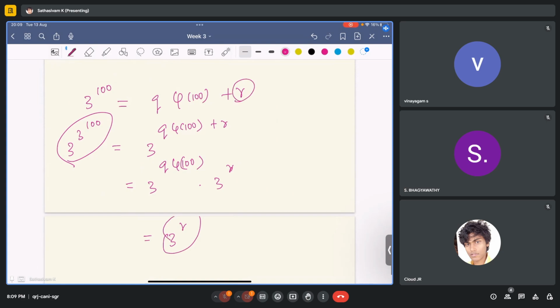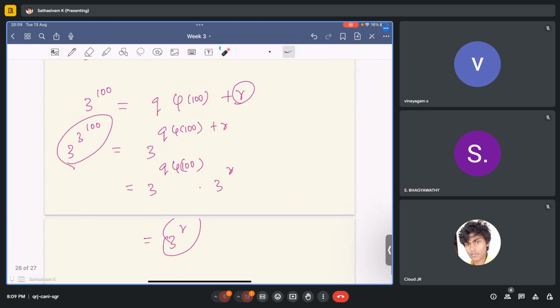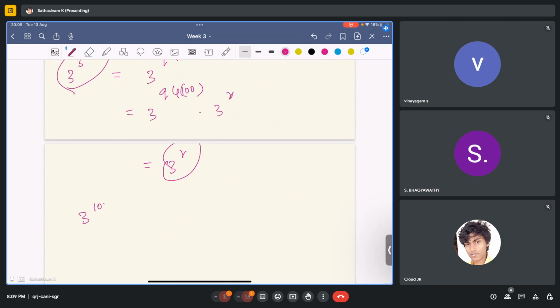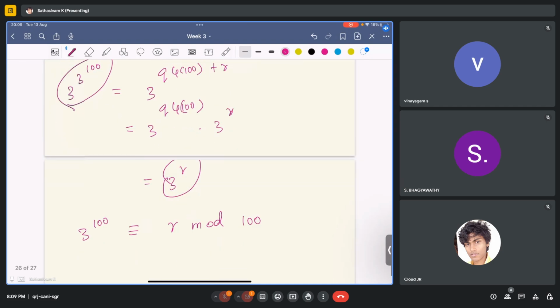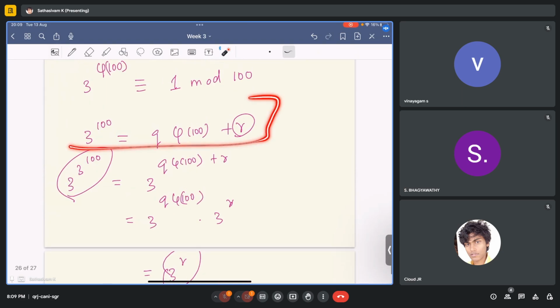But what is the R? From here you have to observe what is the R. So 3 power 100 is congruent to R mod phi of 100. Take mod on both sides.